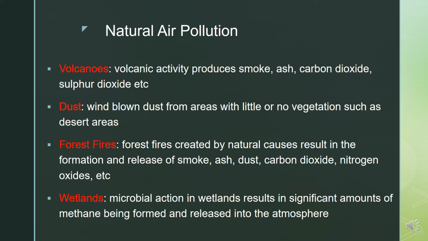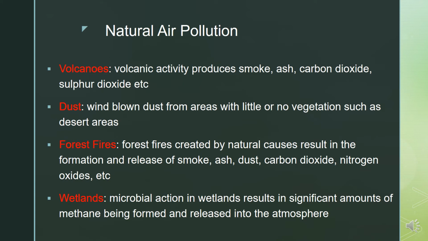First is natural air pollution. Natural air pollution occurs due to emissions such as volcanic activities, which produce smoke, ashes, carbon dioxide, sulfur dioxide, etc. It will lead to air pollution. Second is dust. Wind blows dust from areas with little or no vegetation such as desert areas.